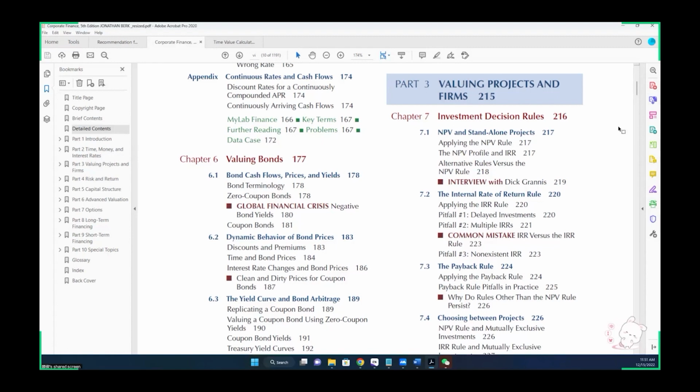So which one do you prefer? I don't know. So on this occasion, NPV is indeed the safest way of dealing with that. Okay.